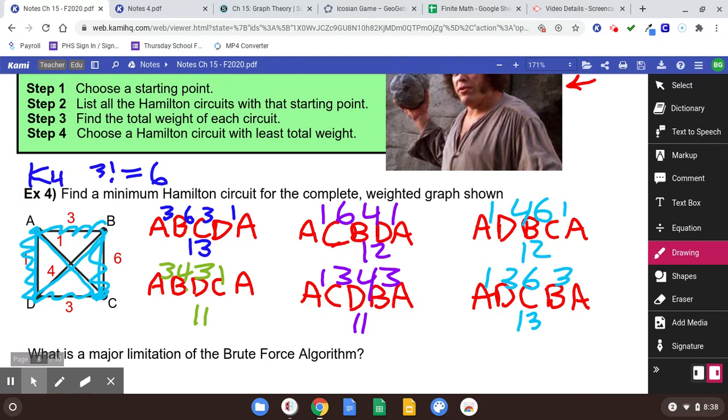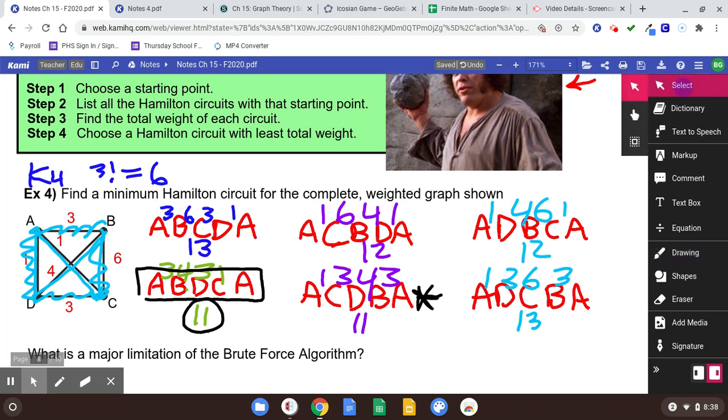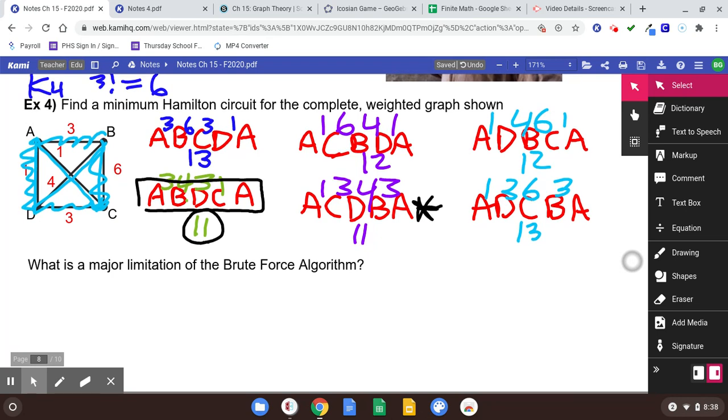That's going to be the same distance. So really, once you find the minimum weight is 11, pick one of those routes. This is the exact same thing, so it doesn't matter either way. A, B, D, C, A would be the minimum circuit. That's going to happen every single time. You're going to have a partner, I guess. That's the reverse trip.